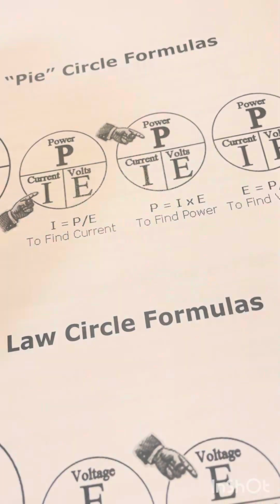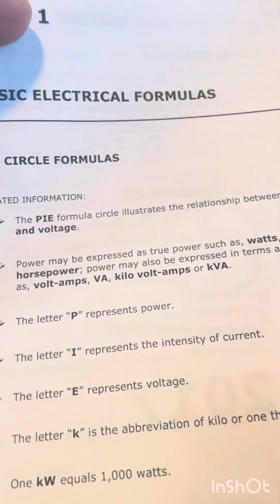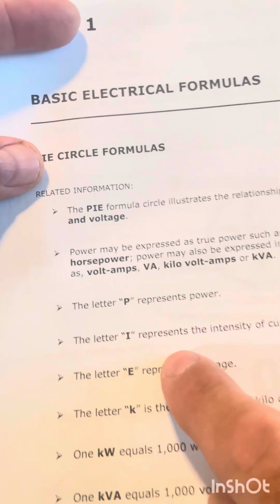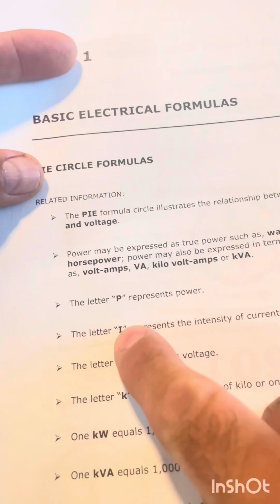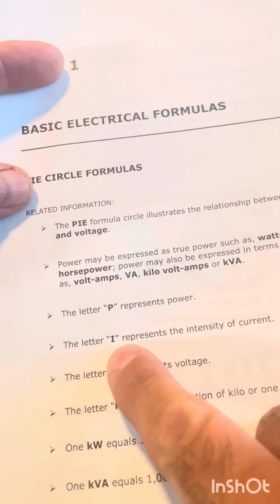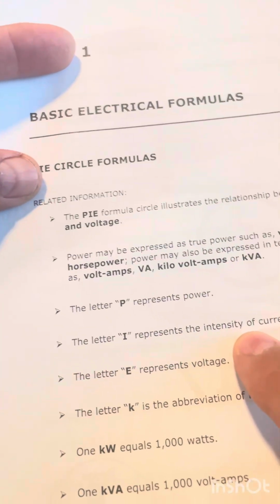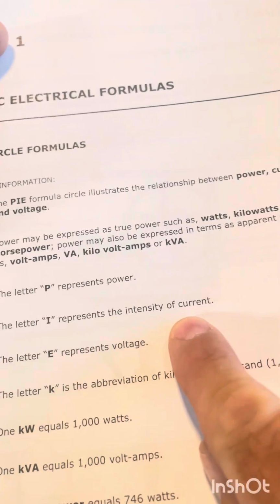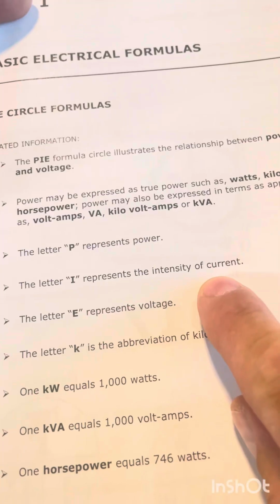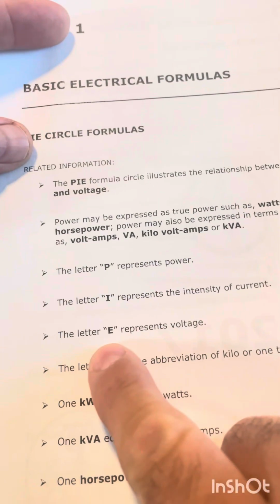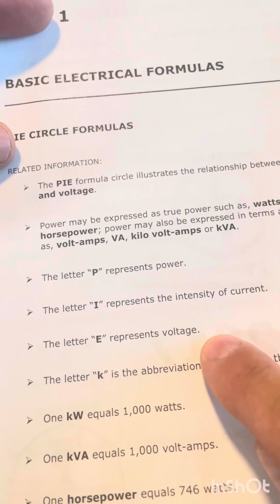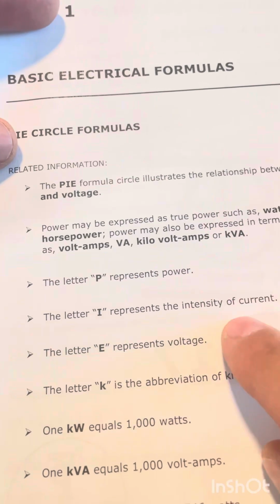Why did they use these letters? Well, P represents power. The letter I represents the intensity of the current, hence the letter I. And the letter E represents voltage. Why the letter E?